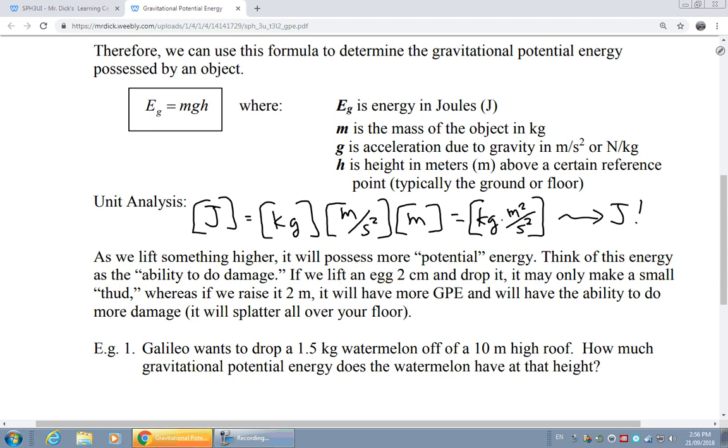And so that's why it's dependent on both of those things. But of course, it also ends up depending on g, because it depends on how strongly gravity is going to pull things down, which on a different planet, or even on a different part of Earth, or at a different altitude above Earth, might be slightly different. But we'll just use simple Earth problems where we'll use the approximation of 9.8.